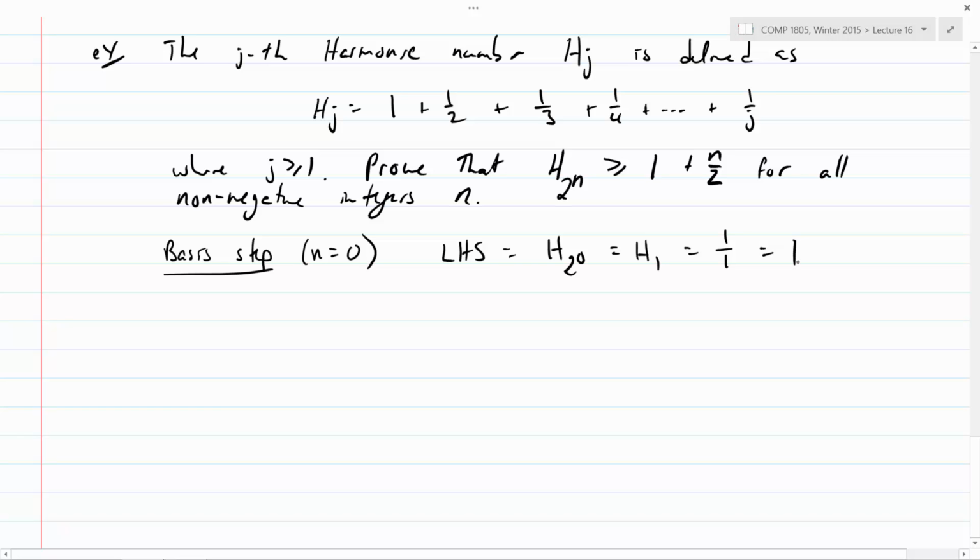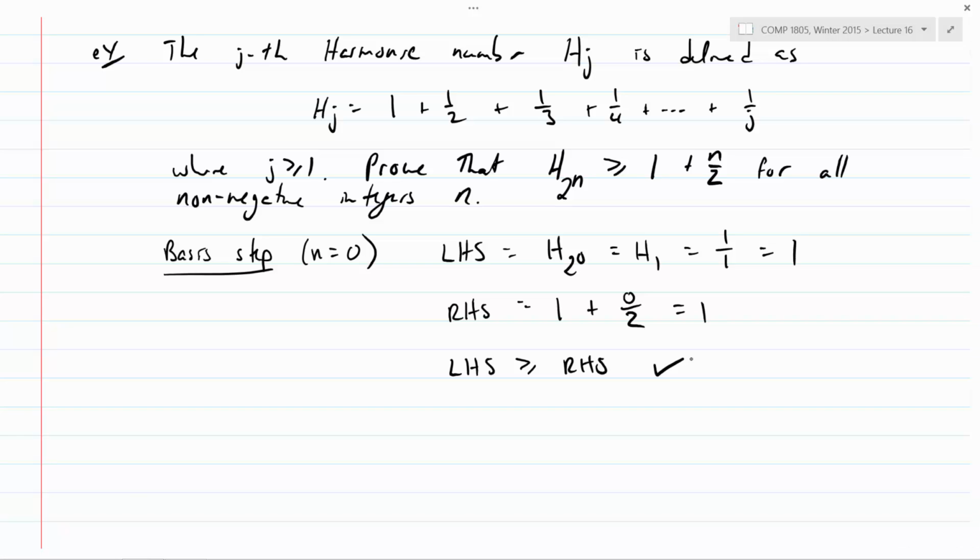That's okay? The right-hand side is 1 plus 0 over 2, which is 1. And it happens that these are equal, but remember we weren't looking to check if they were equal. We just wanted that the left-hand side was greater than or equal to the right-hand side. So we're happy. It happens that they're equal, but if they're equal, they're also greater than or equal. Is that okay?